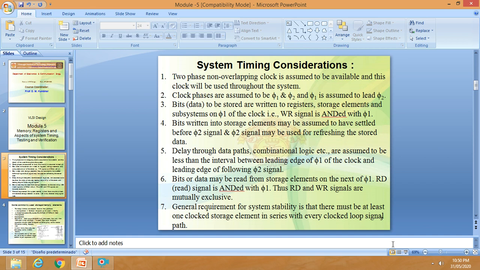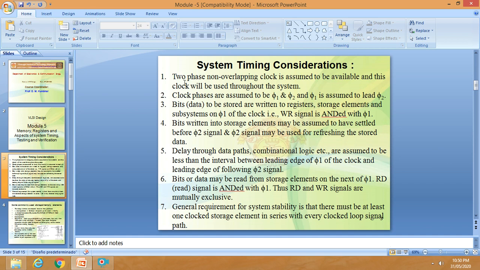We have to make some standard rules, that is, how much timing it should be for reading and writing, and we require refreshment of the memory. For that purpose we require system timing considerations. So what are the different system timing considerations? These are as follows.